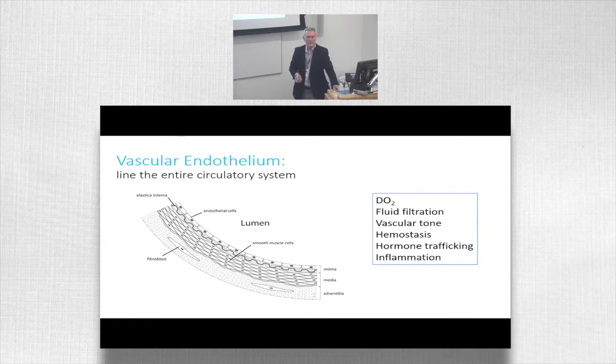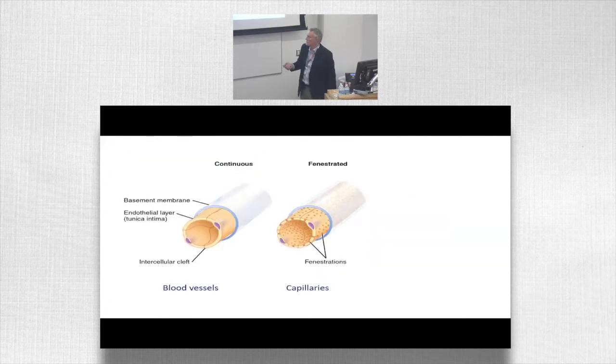And the most important organ in the body is this one. It's the vascular endothelium. It lines the entire circulatory system. Heart, veins, arteries, lymphatics. It's responsible for regulating oxygen delivery, fluid filtration, vascular tone, hemostasis, hormone trafficking, inflammatory responses. And it comes in different varieties.